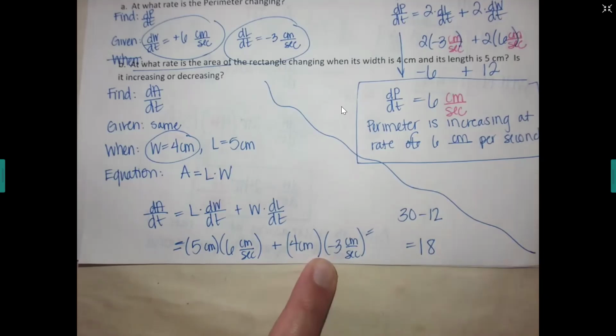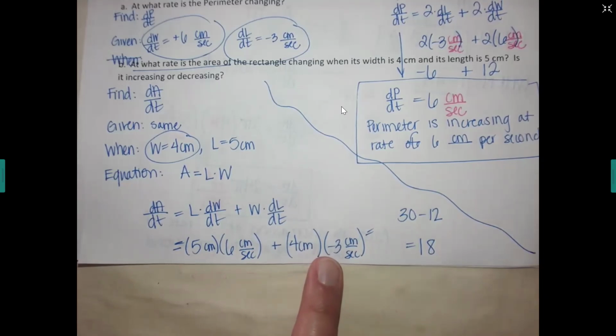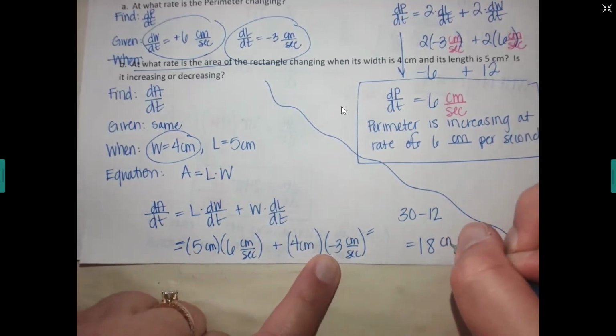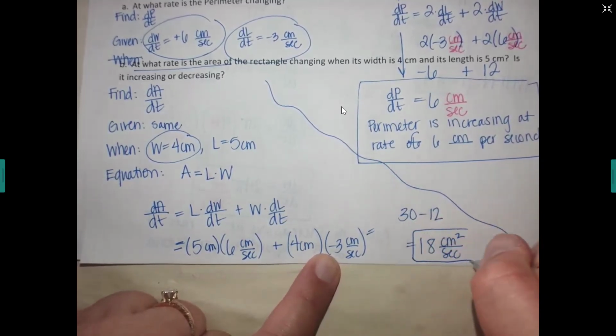Now let's talk about units. Centimeters times centimeters per second would be squared centimeters per second. This is also squared centimeters per second. And when you add them, the square centimeters per second would stay the same.